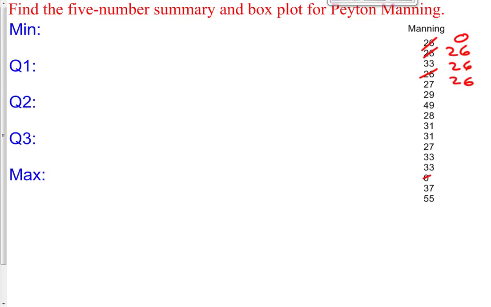The next lowest, he had 2 27s: 27, 27. Again, if you're doing this on a test, you want to be very, very careful that you get every single data entry because you'll be thrown off if you miss one. 28, 29, a couple of 31s, and then 1, 2, 3 33s: 33, 33, 33.